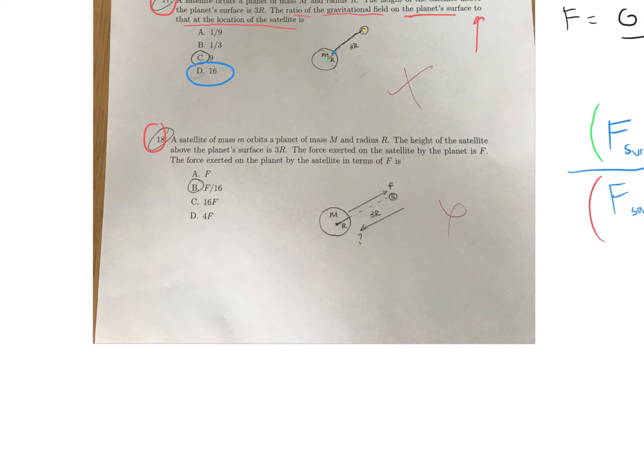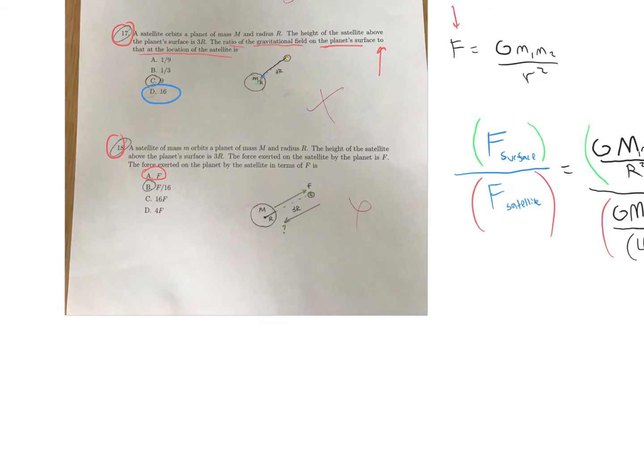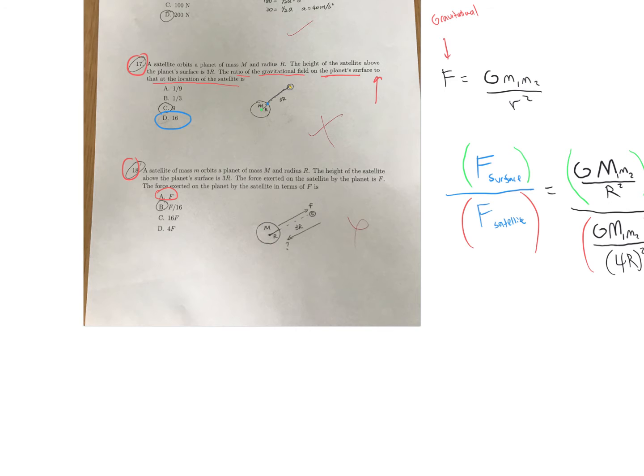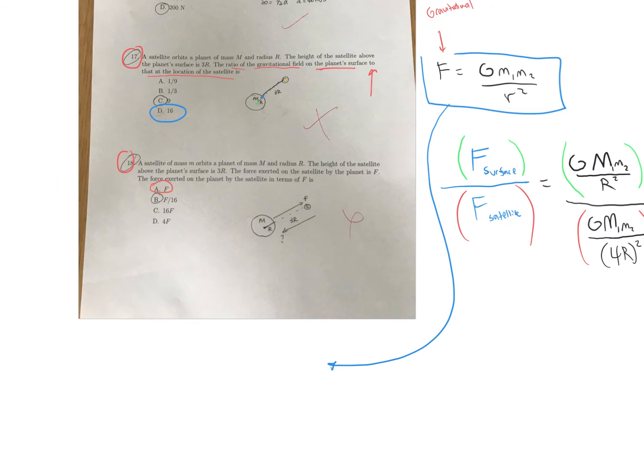So my thought is that this one, because even if we were to rely on this formula here, let's say we acknowledge, oh, okay, let's take into account the first thing they said. The force exerted on the satellite by the planet is F. Okay, so we're going to talk about that.